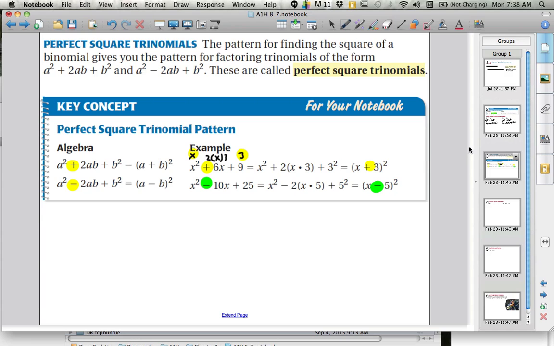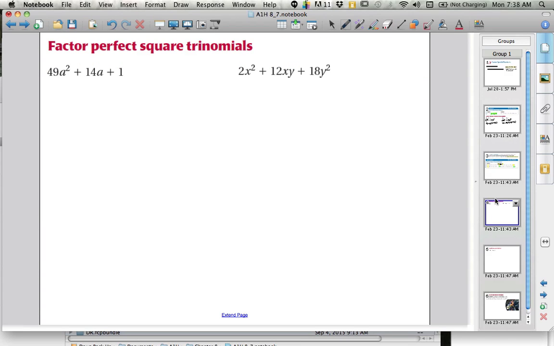Okay, so let's do one of these. If we take a look at this, is the first term here a perfect square? Yeah, this is 7a squared. Is 1 a perfect square? Oh, absolutely, it's 1 squared. And is this middle term 2 times 7a times 1?